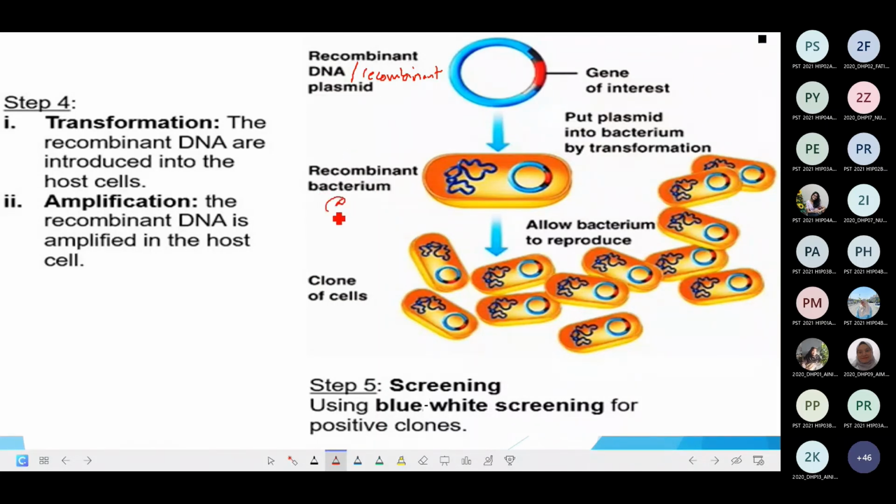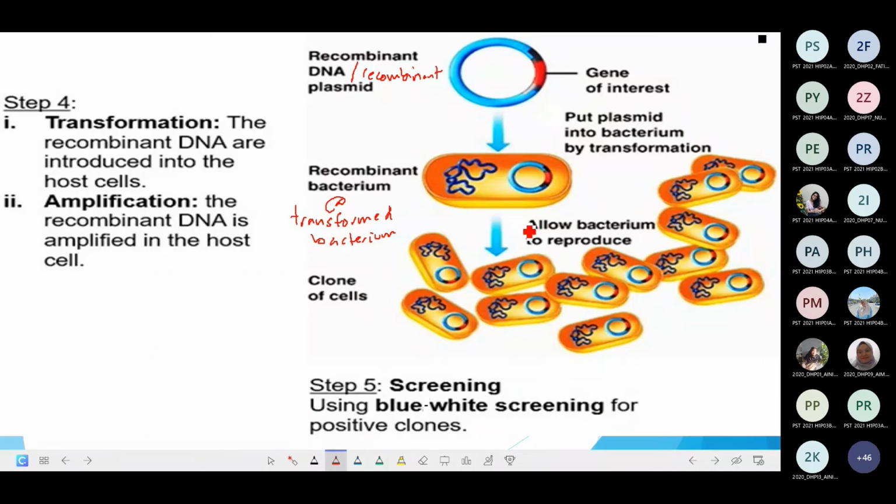it as the transform bacterium. Okay, maksudnya bakteria yang telah pun menerima satu DNA lain, transform bacteria. And after that, we continue with the process of amplification. Okay, amplification will be the step in which we will just let the bacteria to reproduce.